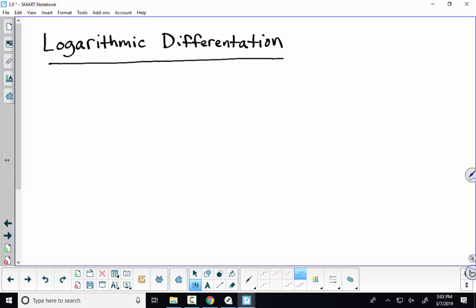So, maybe at this point you're thinking, well, why do we need another derivative technique?